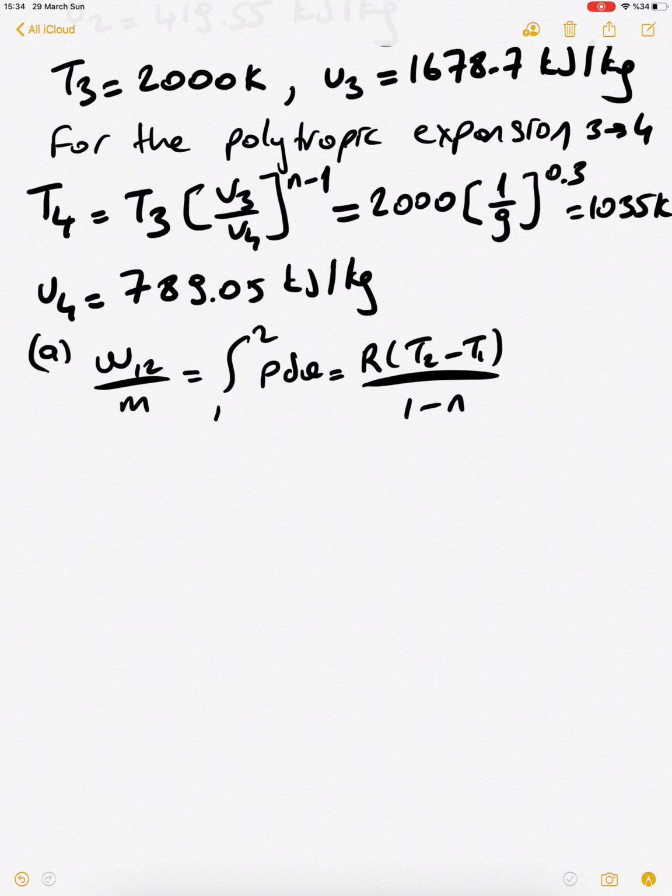You can easily derive this, and that's going to be equal to R being 8.314 divided by the molecular weight of air.